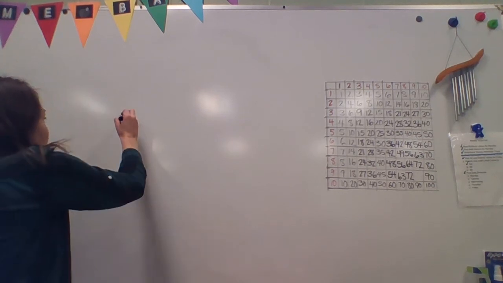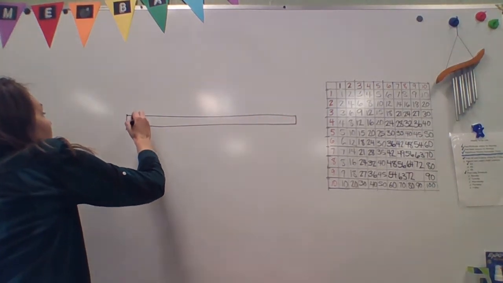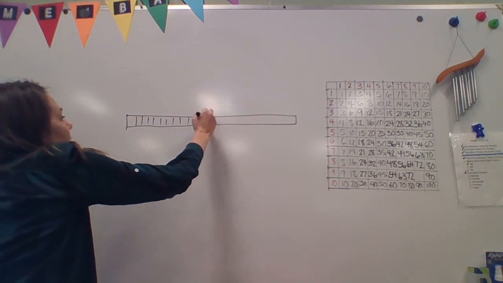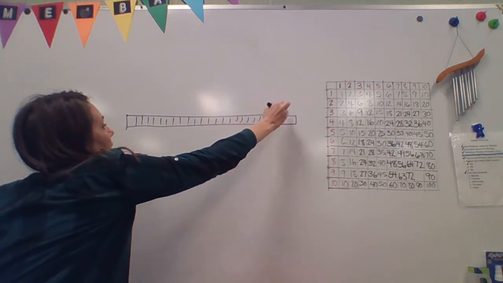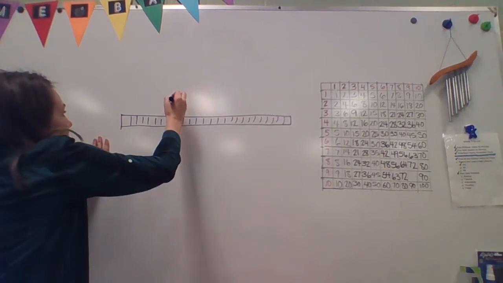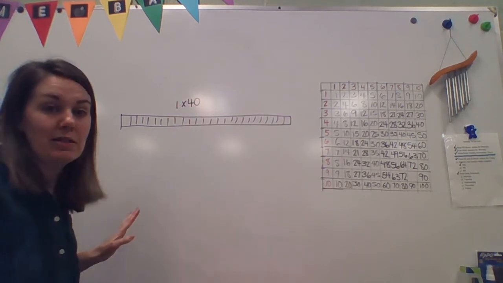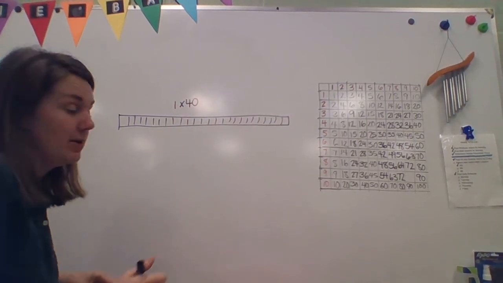So we could have one long row with all 40 cars lined up in it, right? I don't know if that's exactly 40, but you guys kind of get the idea. So that would be like saying 1 times 40. We would have an area model that's 1 times 40.